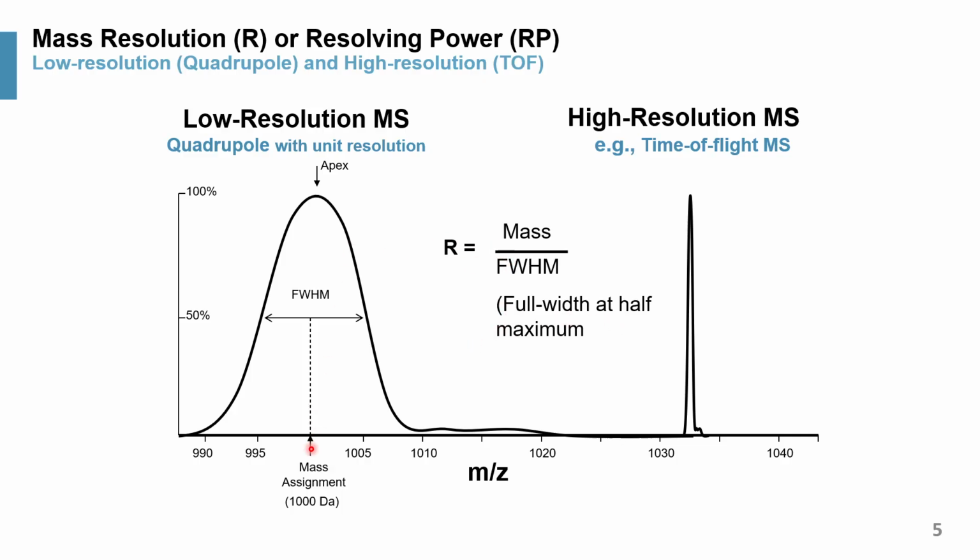That is, the mass divided by this width at half height. You can see that for low resolution it is typically a unit resolution, versus high resolution such as time of flight, where one can see that the resolution is quite a bit finer with a much higher resolving power.